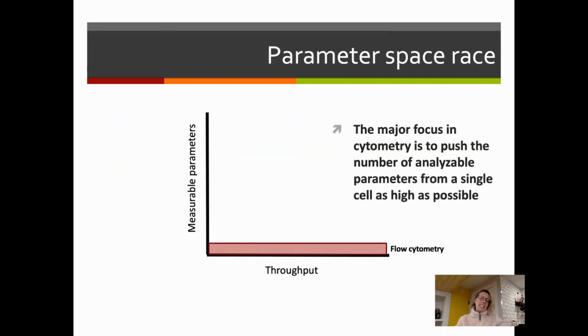So it's kind of an exciting time to be in flow cytometry because we're in the midst of a parameter space race, really trying to figure out the maximum possible things we can look at in a single cell. This is a major focus in the field right now: pushing the number of analyzable parameters in a single cell as high as possible. Standard flow cytometry is a really high throughput technique, but for the most part, our measurable parameters hover somewhere in that 20 to 30 range.